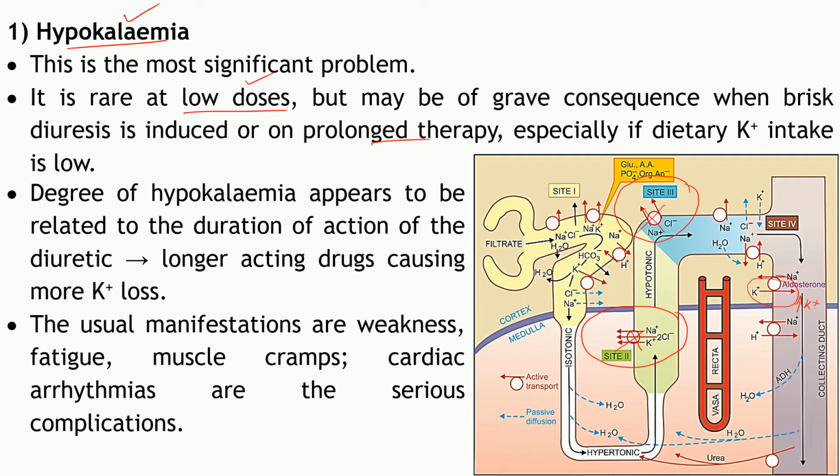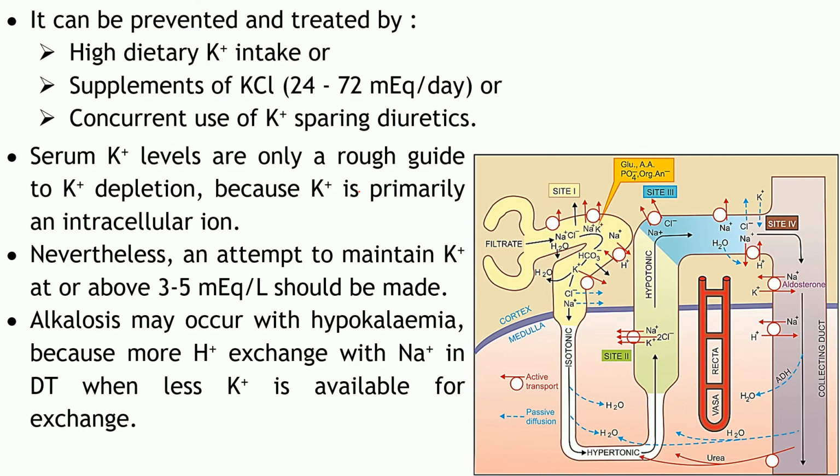So this is the reason why hypokalemia is produced by both these classes, that is high-ceiling as well as thiazide-like diuretics. Now the manifestations or symptoms produced include weakness, fatigue, muscle cramps, and sometimes cardiac arrhythmias may also be precipitated. Now how can you prevent this condition? There are 3 measures which you can take to avoid hypokalemia.